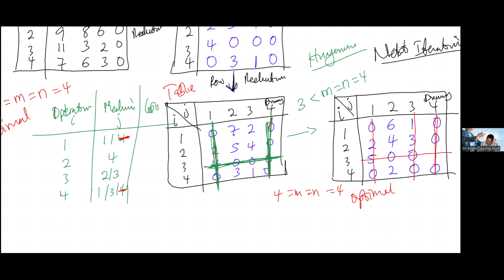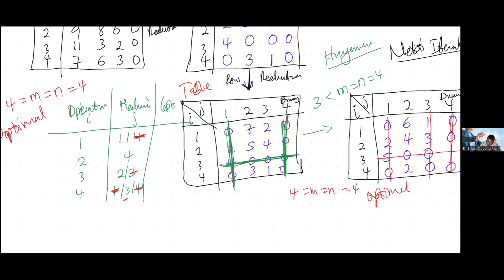All right, so 1 is assigned to 1. Only 1 cannot be assigned to 4. So I'll take it out. Right? 3 is assigned to 4. So because 3 is the only one left here. So 3 cannot be assigned to 2. So therefore, the correct assignment here will be 1, 4, 2, and 3.